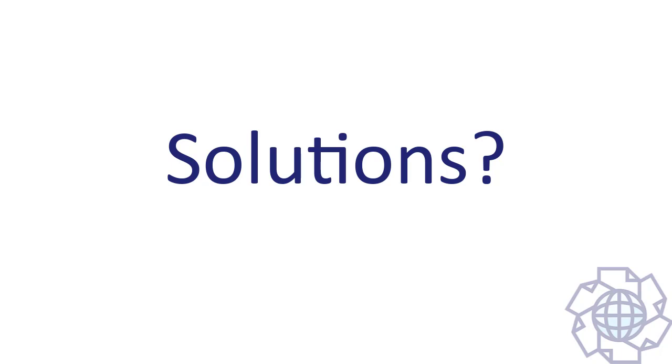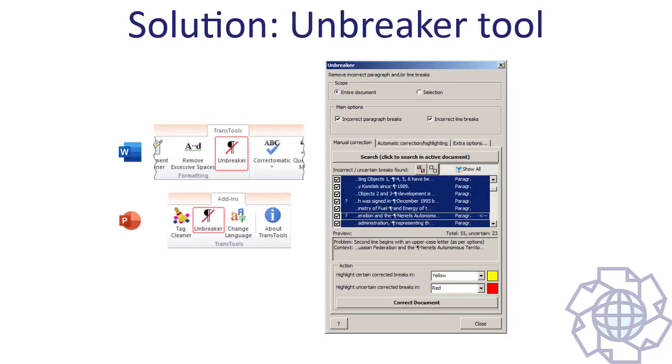And in PowerPoint, it is not possible to see paragraph breaks and line breaks on the screen, so it will be hard to find them. TransTools includes a tool called Unbreaker for Word and PowerPoint. This powerful tool will resolve the issue, helping you save a lot of time and avoid repetitive operations.